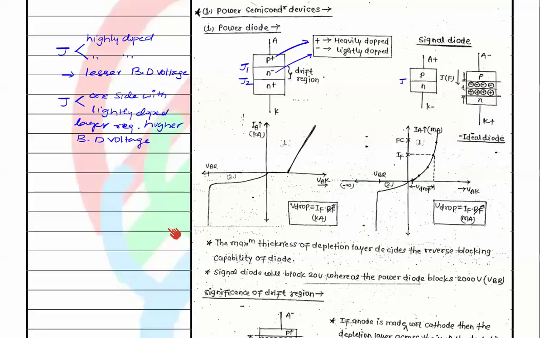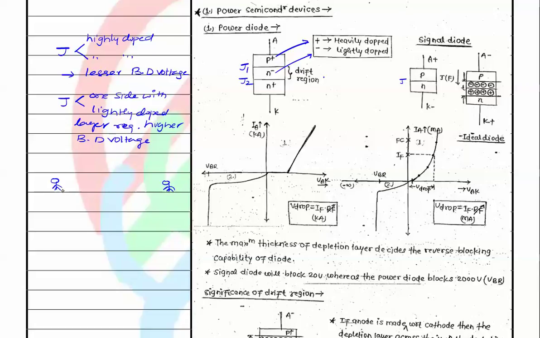To understand the power diode and signal diode, let me assume an analogy here. This is not practical, it's only meant for understanding. Let's assume we have a charge, and the charge has to travel from here to here.